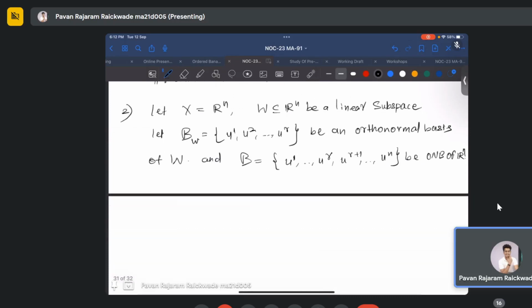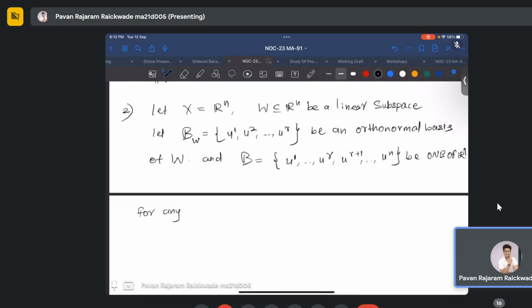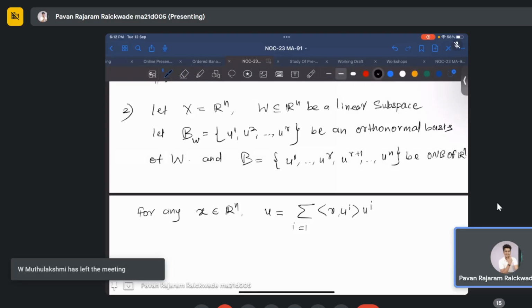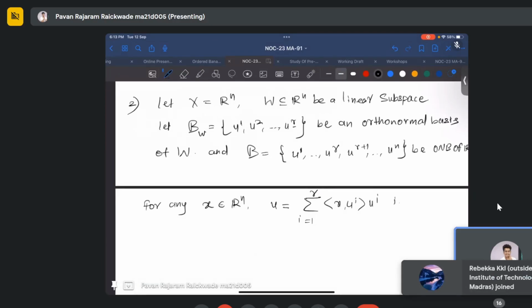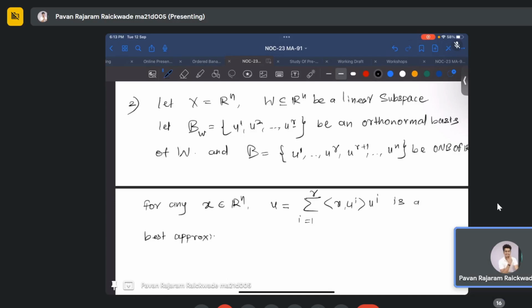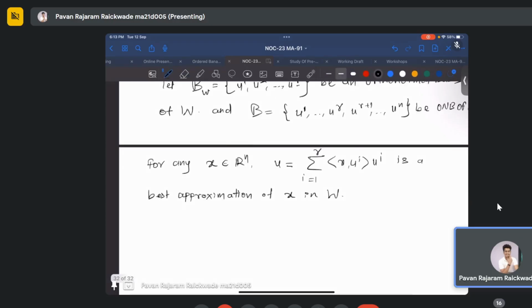Okay. Now my claim is, for any x belongs to Rn, the vector u, defined as the summation of inner product of x with ui times ui, i going from 1 through r, because the dimension of W is r, is a best approximation of x in W. This is what I want to prove.